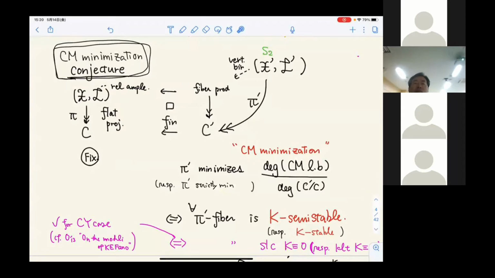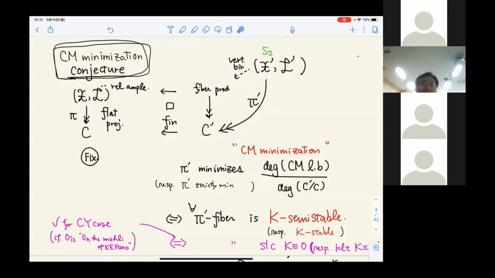Then here's a characterization of such stable reduction. Among such vertical birational transforms, the one whose fibers are all K-semi-stable is parameterized by minimizing some invariant. Here I don't define the seam line bundle, but it is essentially an intersection number on this total space.